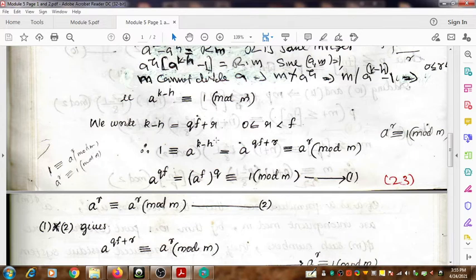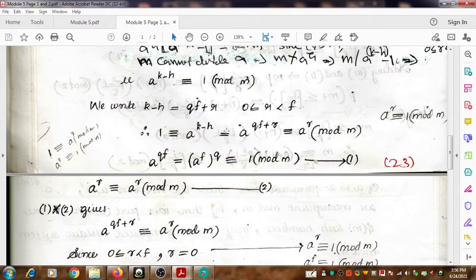So that is the situation that we write here. Since f is less than k minus h, and you divide k minus h by f, you get a quotient q and a remainder r. Then the remainder r satisfies the condition 0 less than or equal to r less than f. And so you can write that k minus h equals q into f plus r.